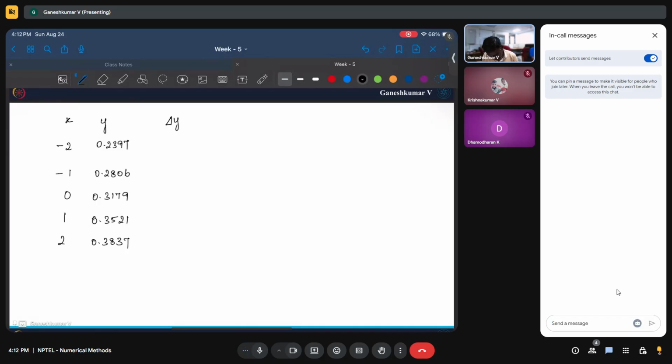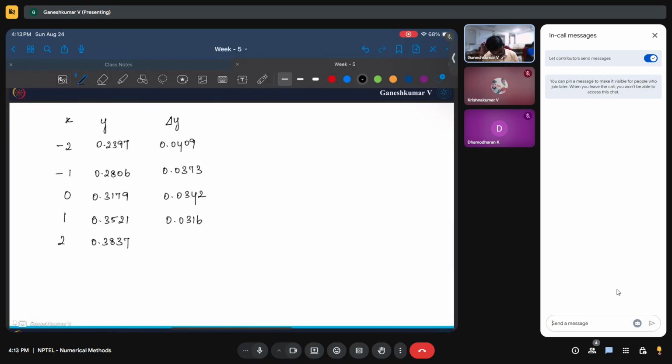Let's write down the forward differences. Delta y is this minus this, which is going to be 0.2806 minus 0.2397, which is 0.0409. Then 0.3179 minus 0.2806, which is 0.0373. Then 0.3521 minus 0.3179, which is 0.0342, and 0.3837 minus 0.3521, which is 0.0316.